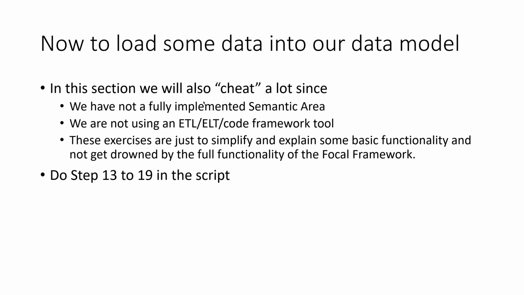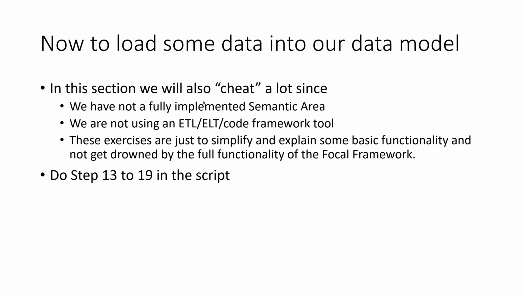There are a lot of small scripts we're doing here because we do not have a fully implemented semantic area, of course, and we're not using any code framework, and we're just sitting and running some scripts here. But this exercise is just to simplify and explain some of the basic functionality and not get drowned by the full functionality of the focal framework.